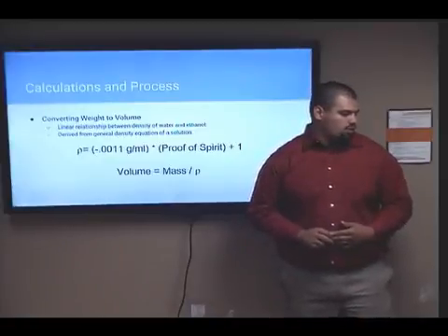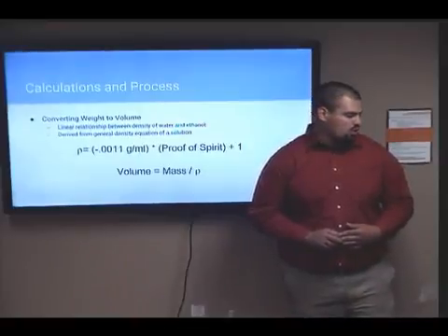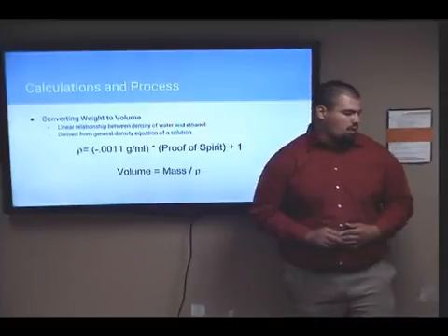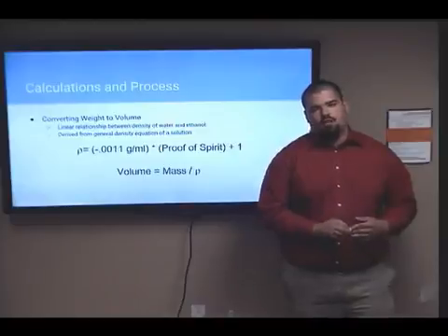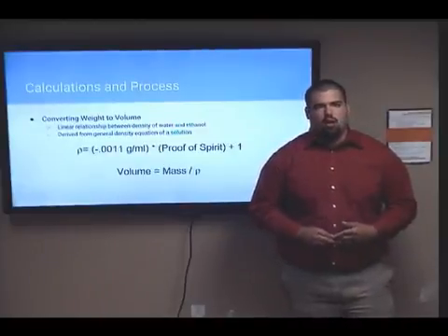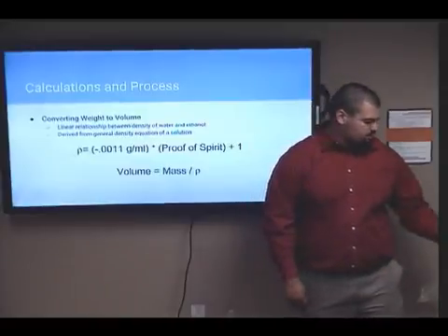So using the general density equation of the solution, we were able to derive that our density equation was equal to negative 0.0011 grams per milliliter times the proof of the spirit plus 1. And then now that we have the density of our spirit through the mass, we can calculate for volume by getting volume is equal to mass divided by density.